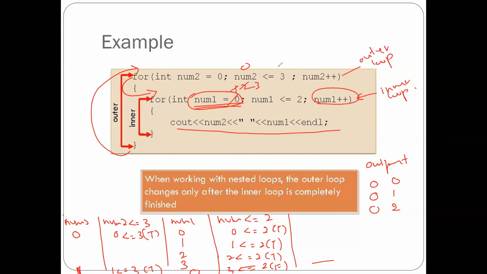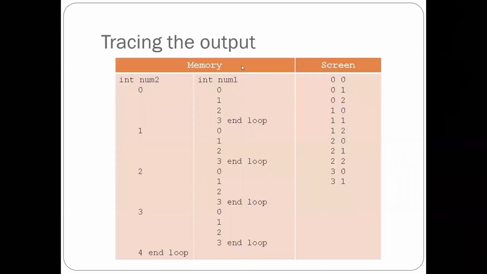Terus dia akan padam yang 3, dia jadikan kosong. Itu nested loop. Okay, so ini tracing the output. Ini contoh tracing dia. 0 0, 0 1, 0 2, 1 0, 1 1, 1 2, 2 0, 2 1, 2 2, 3 0, 3 1. Okay, ni contoh dia. Kalau tak percaya, awak buat sendiri tracing output awak macam saya buat tadi, sambung.